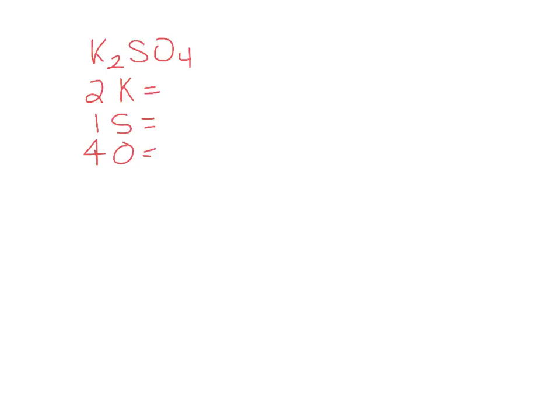It's the number at the bottom. Got it? 39.10. So 2 times 39.10. So that's 78.2. Okay.